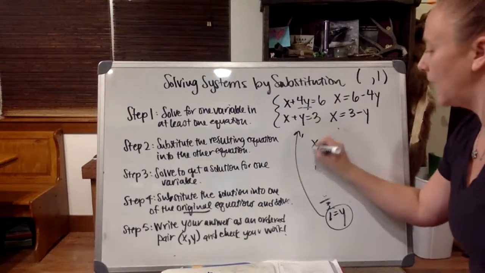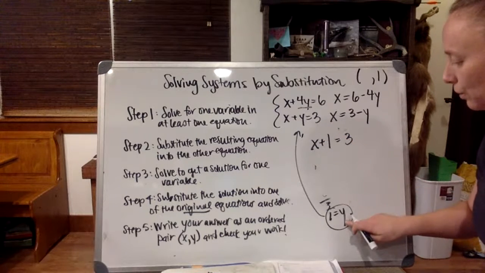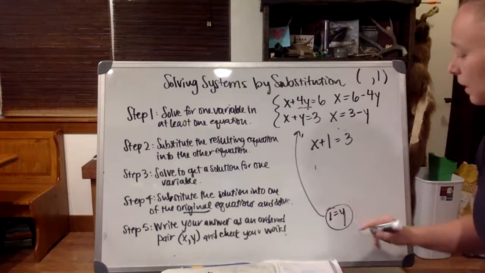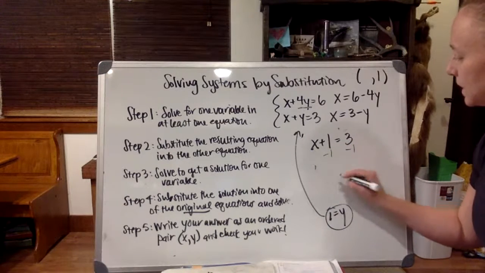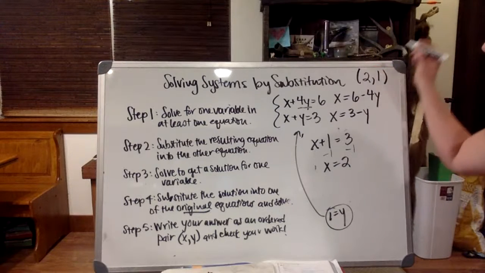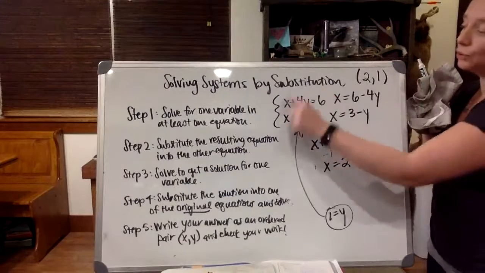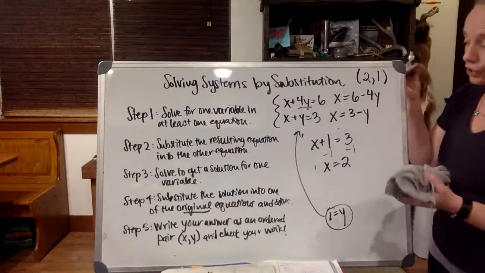So I have x plus 1 is equal to 3. Instead of writing y, I wrote 1, because we know y is equal to 1 now. I can subtract 1 from both sides, and I get x is equal to 2. That means my ordered pair 2, 1 is apparently the solution. Now I should check my work.